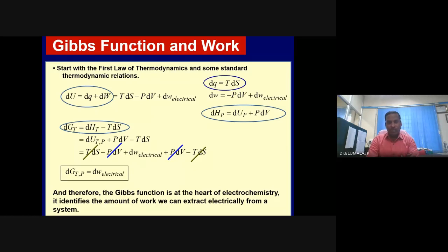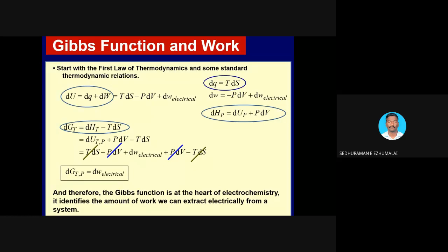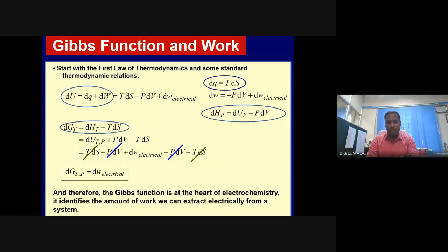What does the 0th law talk about? The equilibrium. A equal to B, B equal to C means A is equal to C, in equilibrium.